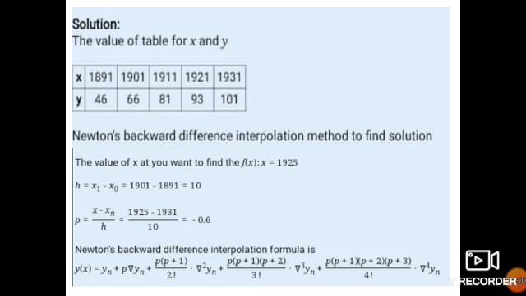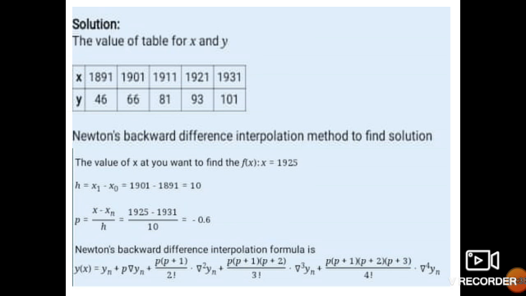Already I told you x equals 1925, and the value p is calculated by x minus xn divided by h. So 1925 minus 1931 divided by 10 is equal to minus 0.6.